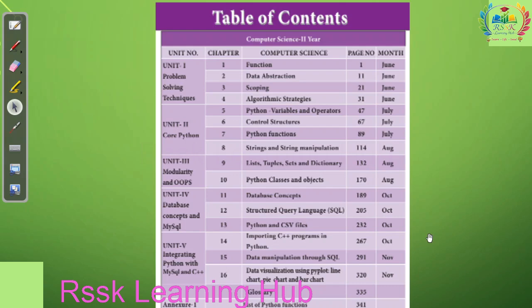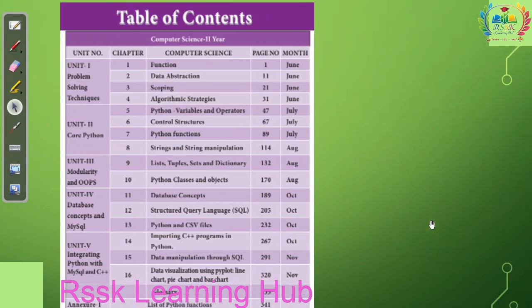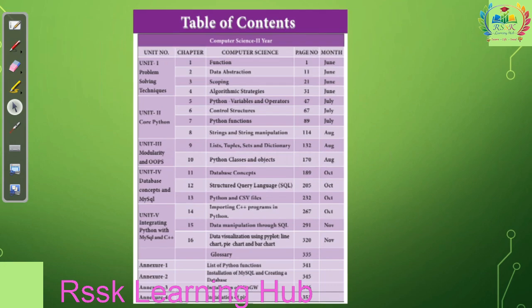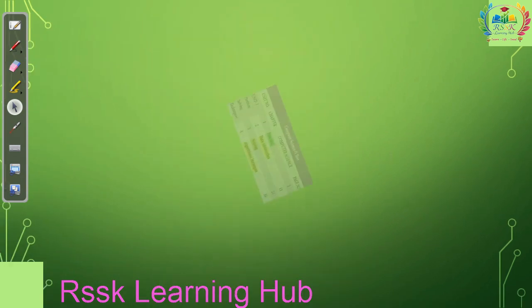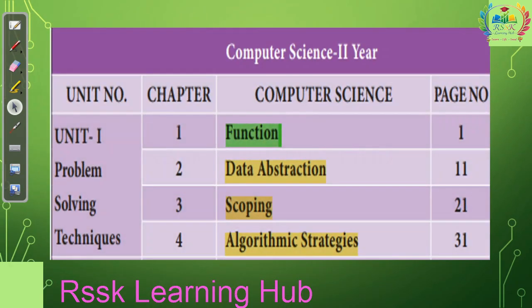Now we will move on to your first unit. This chapter has functions, data abstraction, scoping and algorithm.